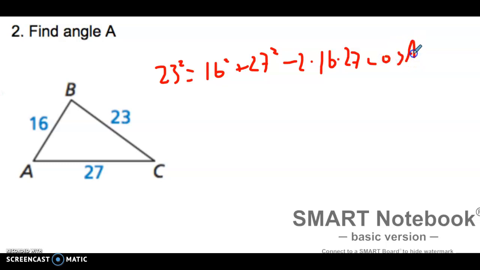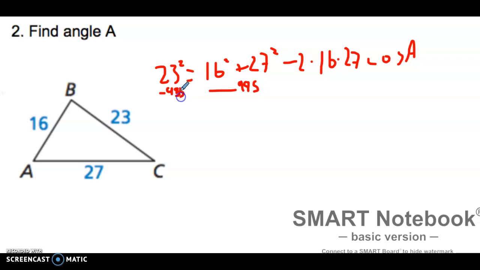So this time I'm looking for cosine of A. Now I remember what I did last time, so I have 16 squared and 27 squared. That's equal to 985, so I'm just going to subtract 985 from both sides.